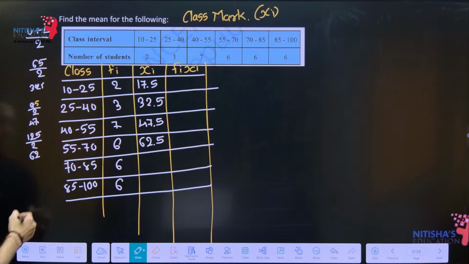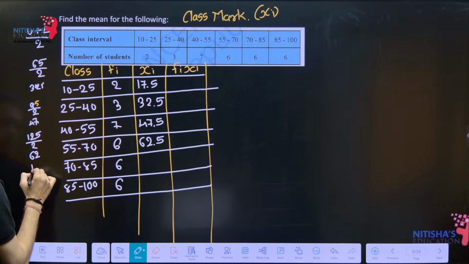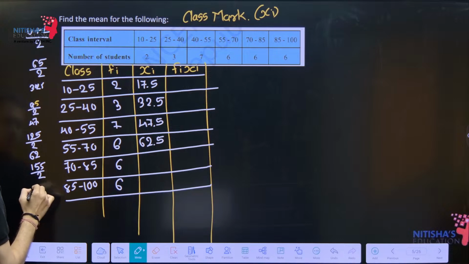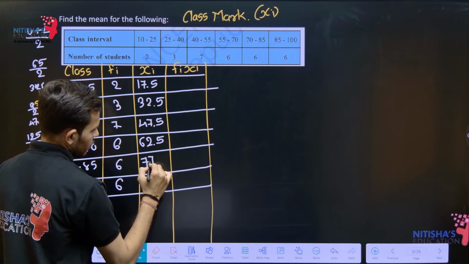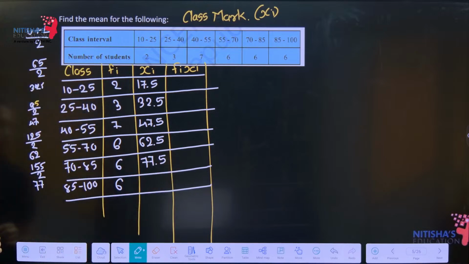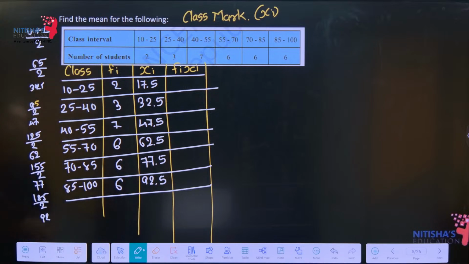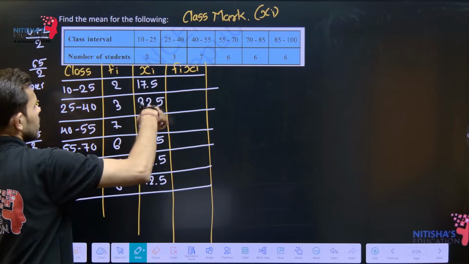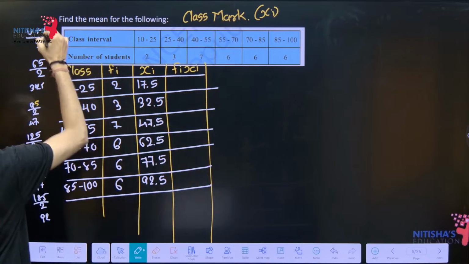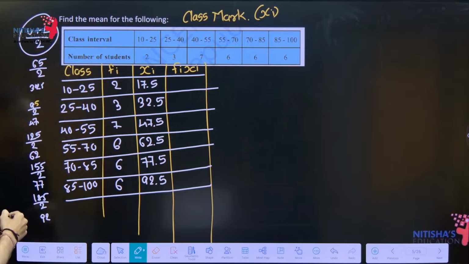Next, 70 plus 85 is 155, divided by 2 is 77.5. Next, 85 plus 100 is 185, divided by 2 is 92.5. So here we got Xi. We find Xi as the class mark, upper limit plus lower limit divided by 2.